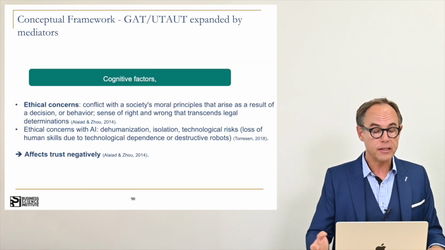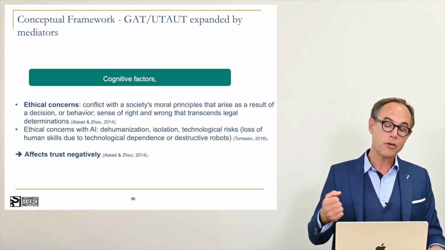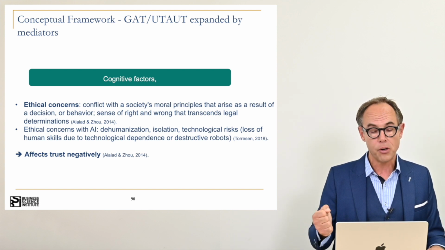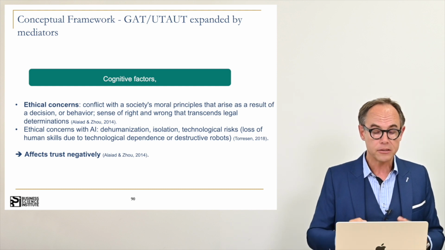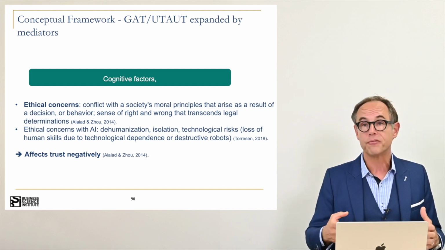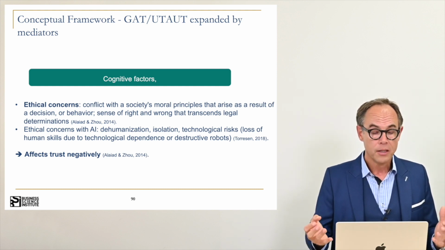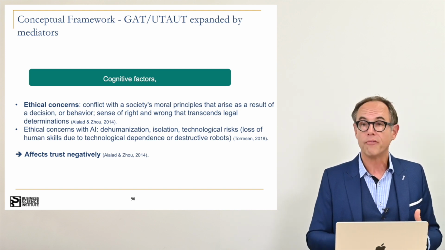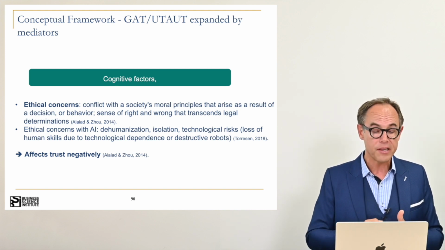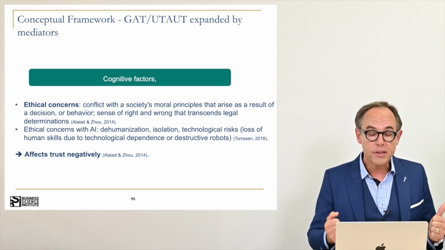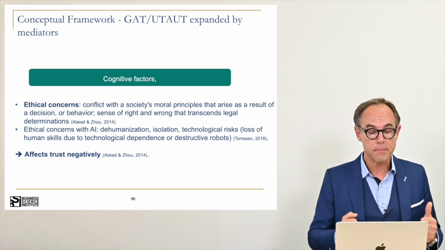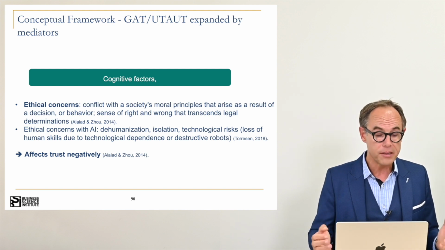And we have the ethical risks or concerns, which are the conflicts with society's moral principles that arise as a result of a decision or behavior, a sense of right and wrong that transcends legal determinants. Ethical risks of AI are clearly dehumanization, isolation, technology risks, loss of human skills due to technology dependence, and destructive robots.